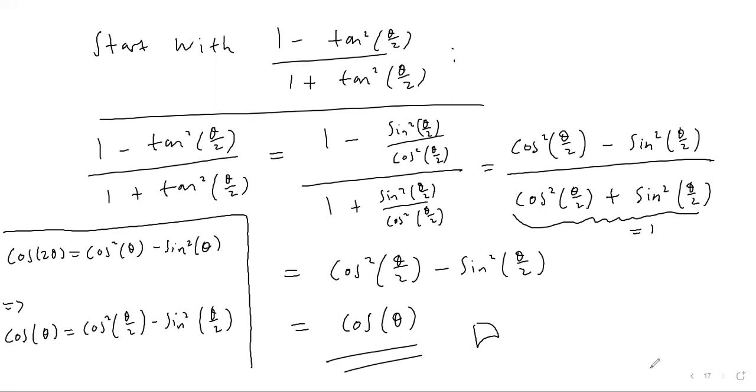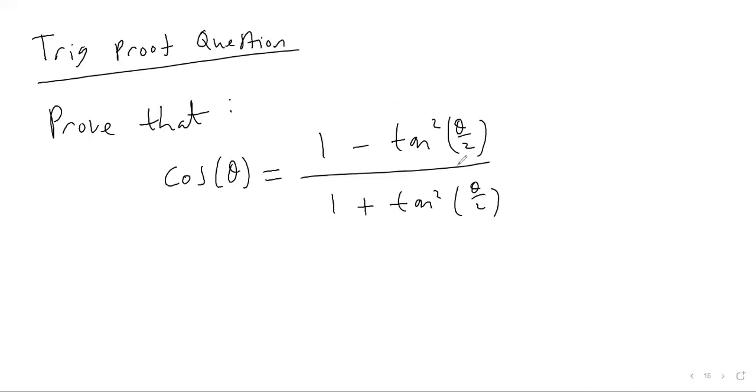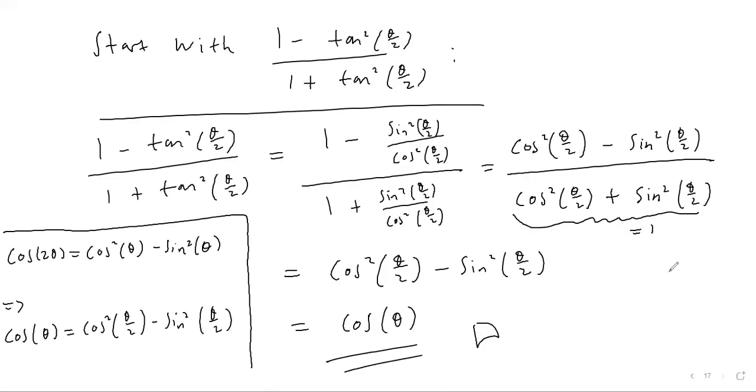So this fraction here, 1 minus tan squared theta over 2 divided by 1 plus tan squared theta over 2, is the same as cos theta. This is not a result you need to know or learn, but it's good to know how you would prove it in case you were asked to.